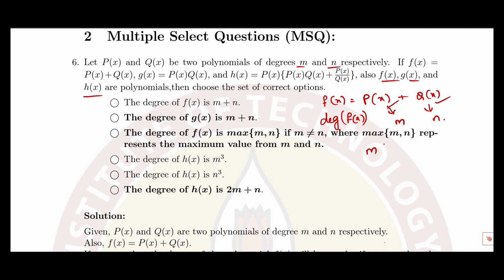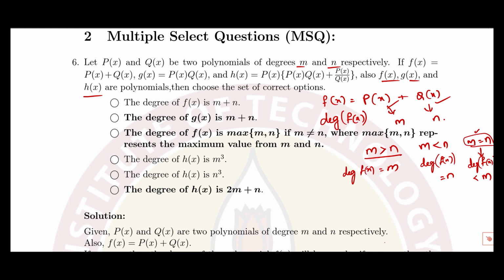So if we have different cases, there can be m greater than n or m less than n or m is equals to n. So if m is greater than n, then we can say the degree of f of x is m. If m is less than n, then the degree of f of x will become n. When m is equals to n, this is a special case. The degree of f of x cannot be determined. It will be less than m or less than n because m is equals to n.